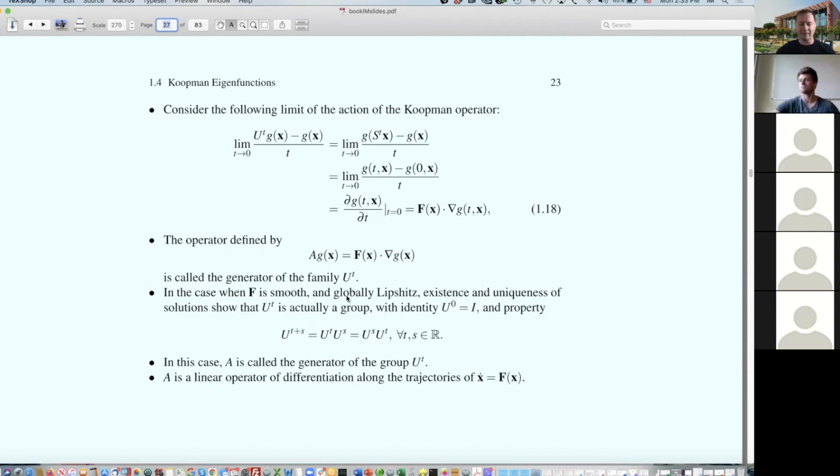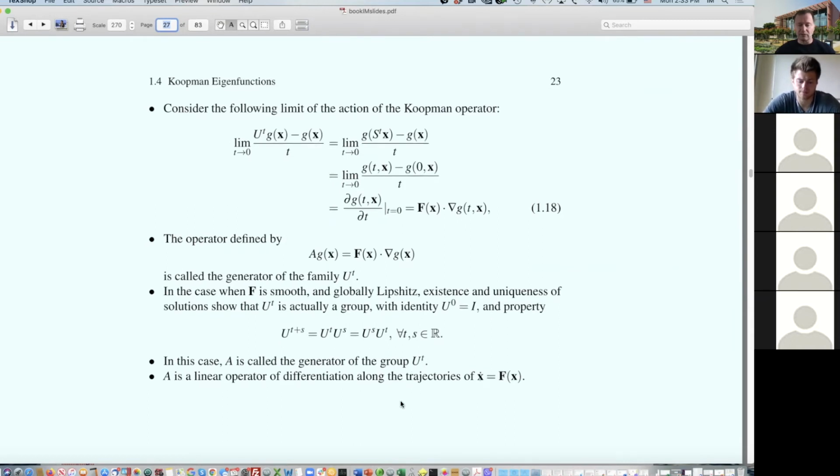Okay, but now we're at a place where we have something that we call the generator, for the reason that is going to become clear in a moment. And we have proved that our family of Koopman operators under all these conditions is actually a commutative group, and that's nice. So this operator A, again, you can go back to your multivariable calculus. That's a linear operator.